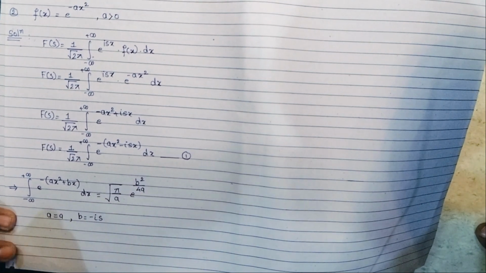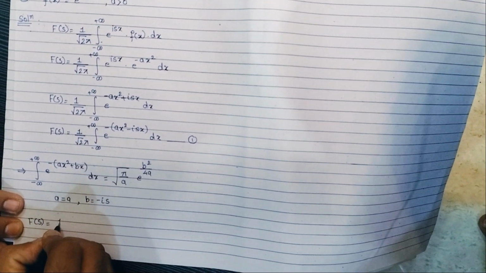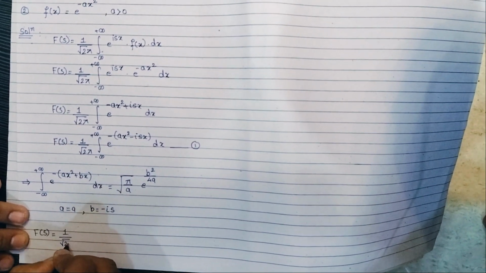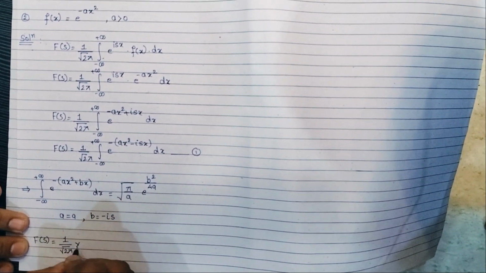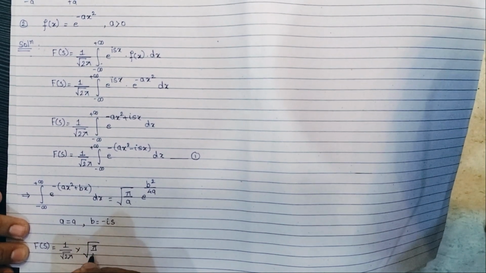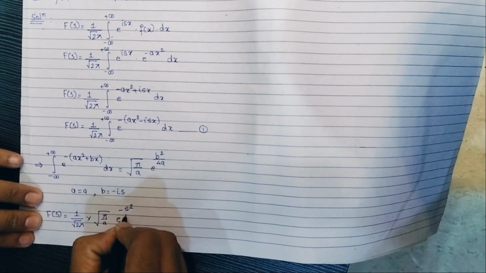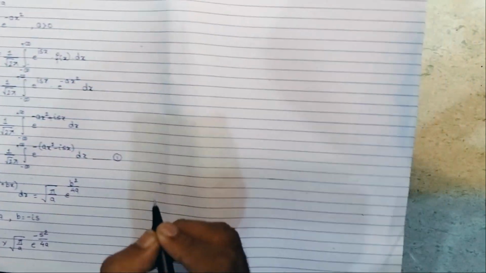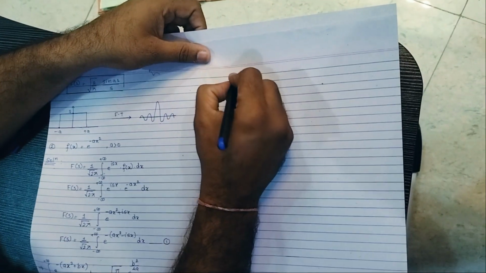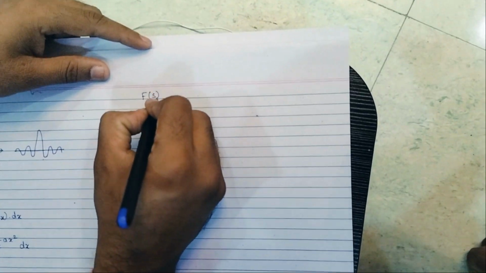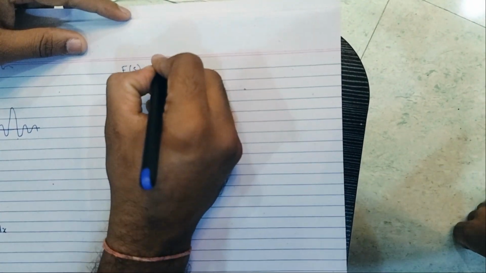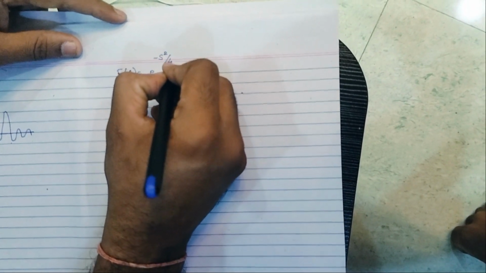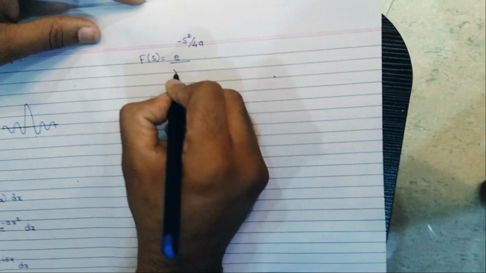And if you put the values, you will get F of s equal to 1 upon under root of 2 pi into under root of pi by a into e to the power minus s square divided by 4a, which is nothing but F of s equal to e to the power minus s square by 4a divided by under root of 2a.